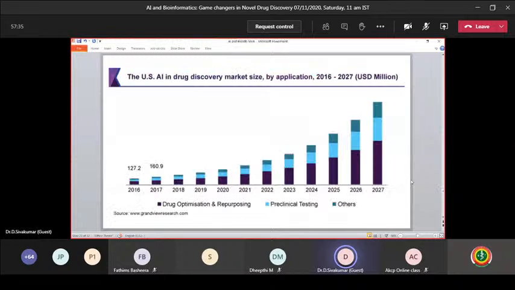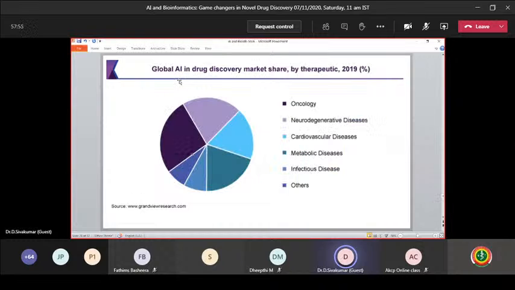Okay. So the AI and drug discovery market is also increasing over a period of time. Even in the next few years, you can see this market is going to be very high. You can see drug optimizing and repurposing will be very useful. Globally, this AI is mostly targeting oncology, cardiovascular, infectious diseases, and neural diseases, where the complexity is very high and the changes are quick.